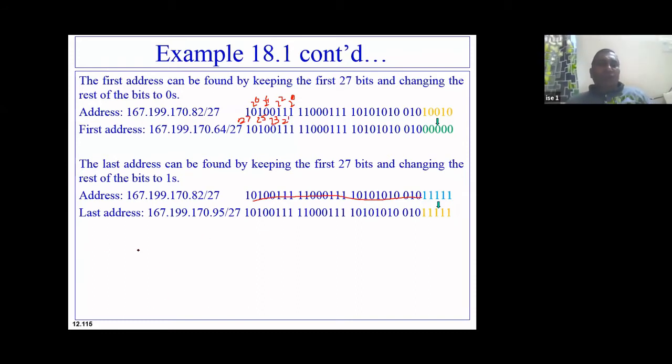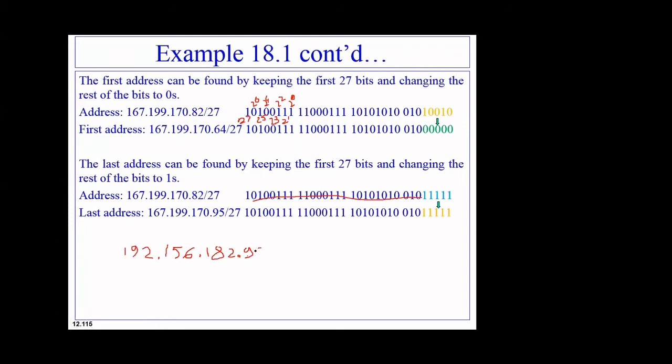So suppose you want to know the address of this, say 192.156.182.96 slash.